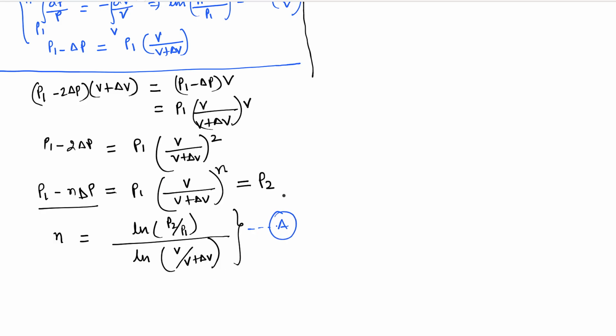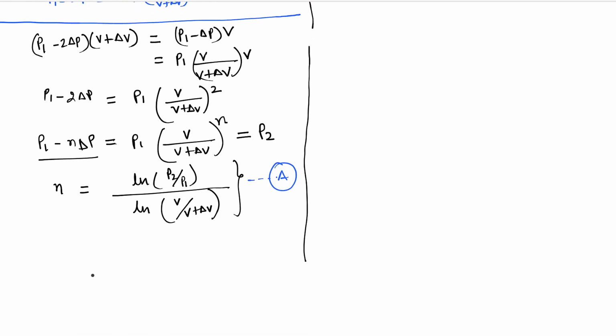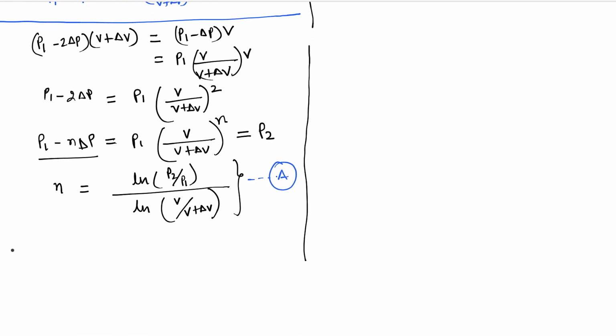Okay, now the question is about computing the work done, right? So let's calculate what is the work done in a single stroke. And if we know that, then we can use that to compute the work done for n different strokes.